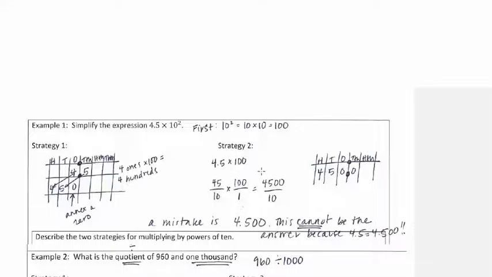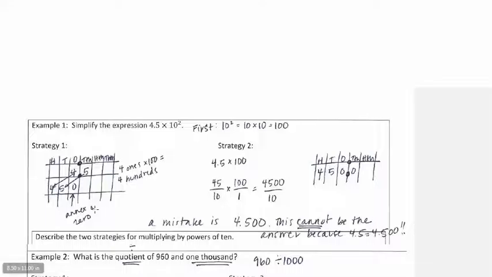Times 100 over 1, this gives me 4,500 divided by 10, right? Or 4,500 tenths. Then I'm going back here and writing the last 0 from 4,500 in the tens place, and the other numbers are falling into their place. So this is the same as 450. Okay, so both ways I end up getting 450.